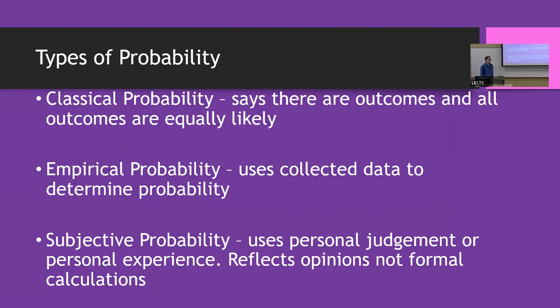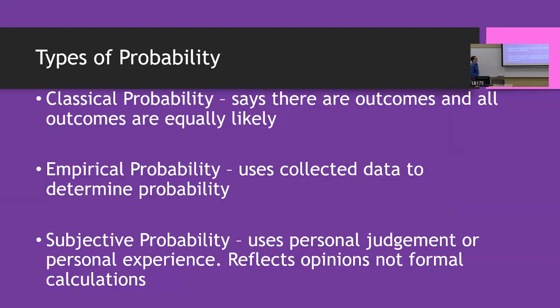So if we're dealing with classical probability, we essentially just say all outcomes are equally likely. We assume that, and then we can create a fraction to calculate the probability of something happening. We'll see an example of that later.